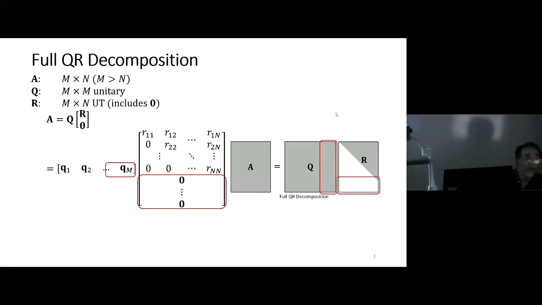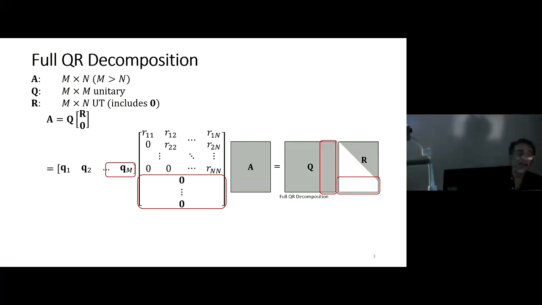Visually, all these columns, M minus N of them. So this side of Q has the same size as A, but this part of Q is getting multiplied with all zeros. So they are really redundant.